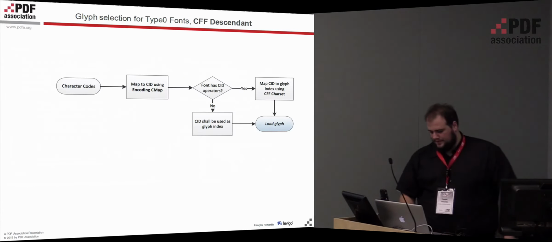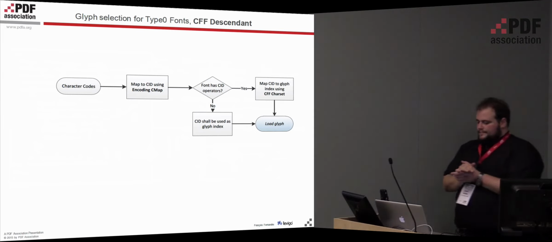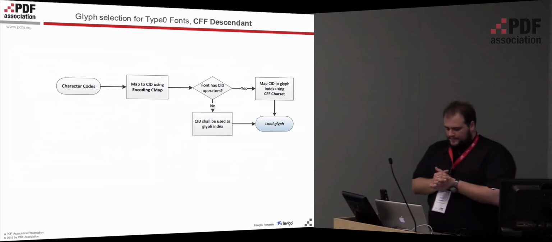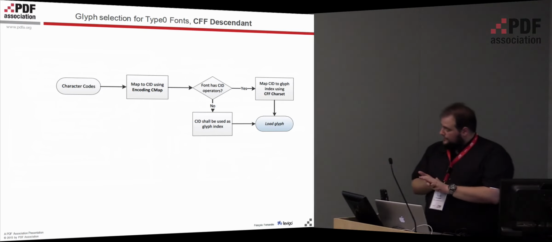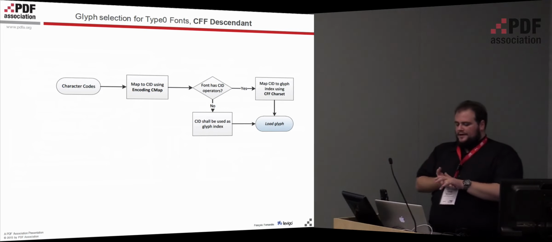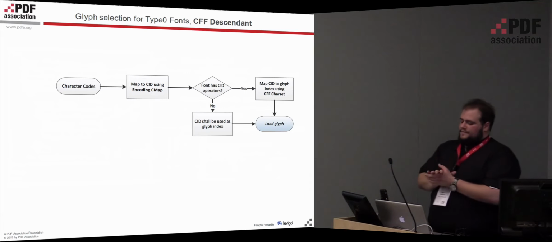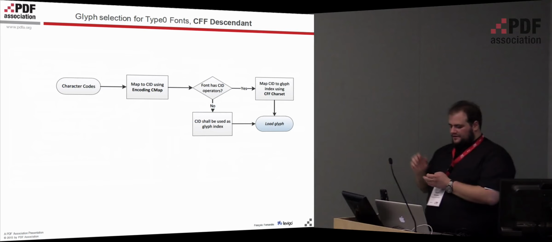I have to speed up a little bit. Okay. Good. So speedy through that. We have incoming character codes. We do map those using the encoding CMAP table. And for CFF, there's always the question, is it a CID font?